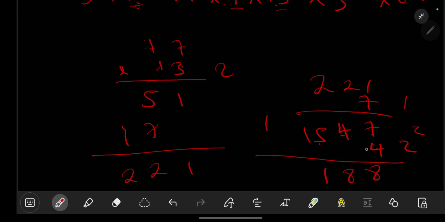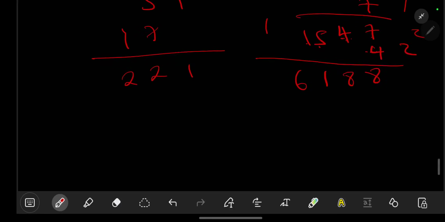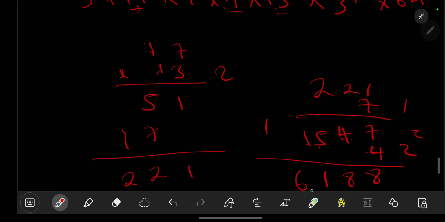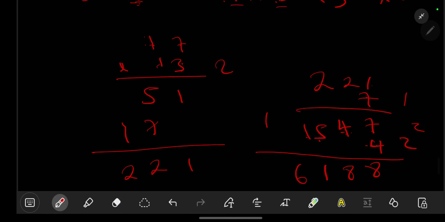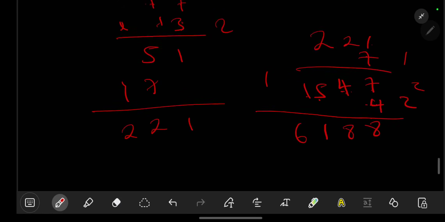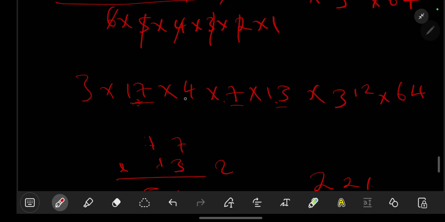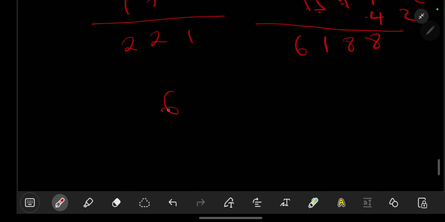So 1 remainder 2. 4 by this, it will be 4 plus 1 plus 2, sorry, it will be 6. So this is the value we are getting, 6,188. Now we have multiplied this, so let's just multiply with 3. So we have this value times our 3.